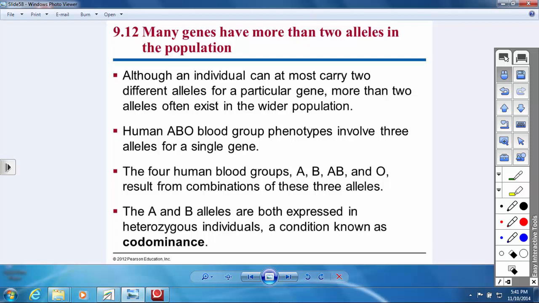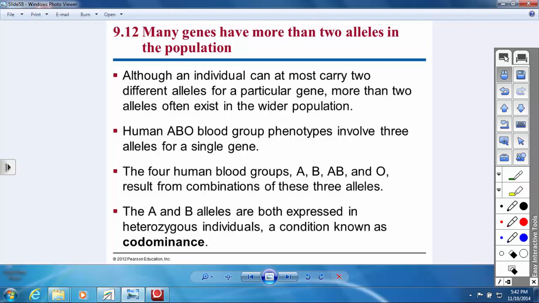And so we can only carry two different alleles for a particular gene. But sometimes you get more than two alleles in a population. Right? So human ABO blood groups: phenotypes involve a single gene with multiple alleles. So the human blood groups are A, AB, B, and O. A and B are both expressed at the same time, and that is known as codominance.